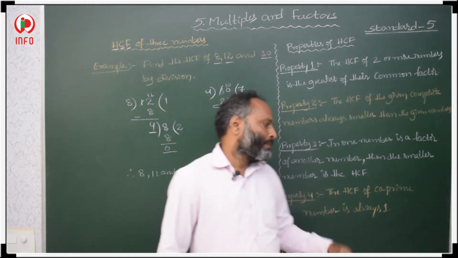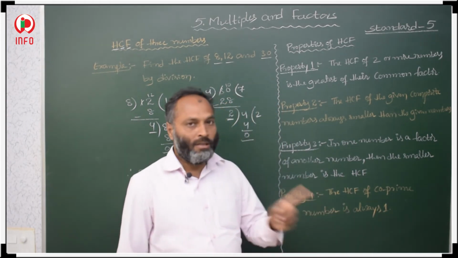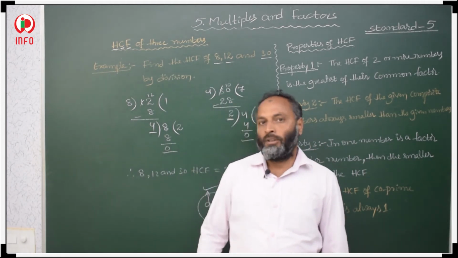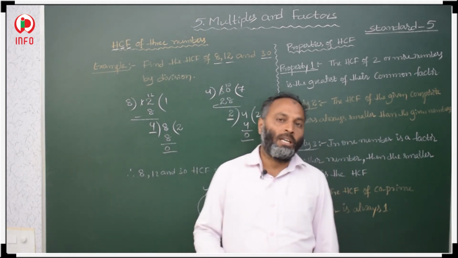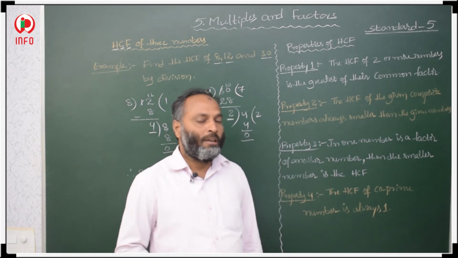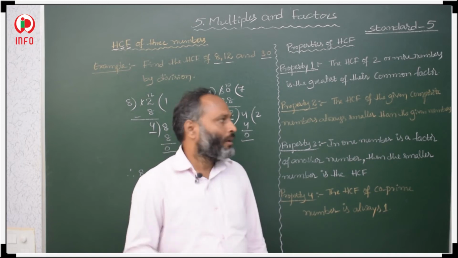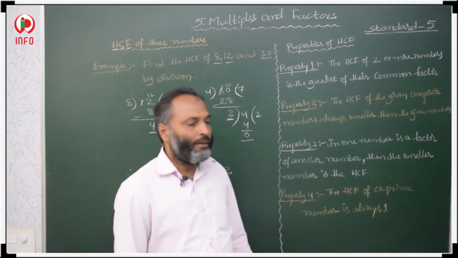So obviously the HCF of co-prime numbers is always 1. Why? Because the common factor between the co-prime numbers is 1. That is why whenever co-prime numbers are given, the HCF is always 1. These 4 properties you have to remember.